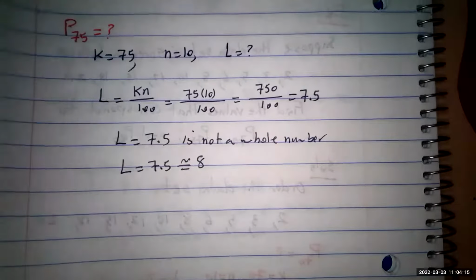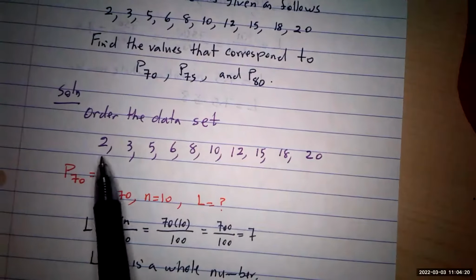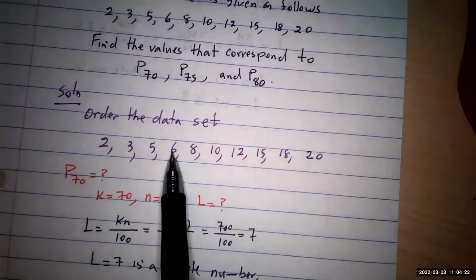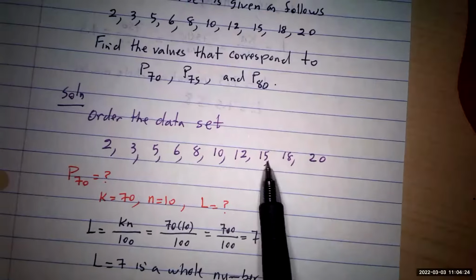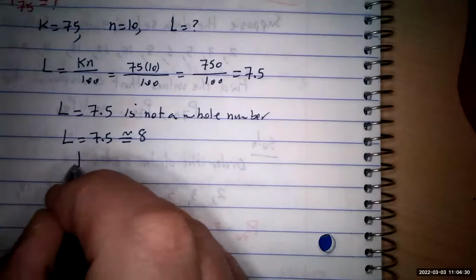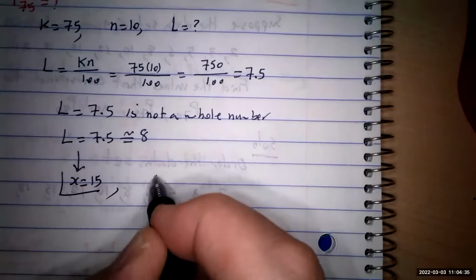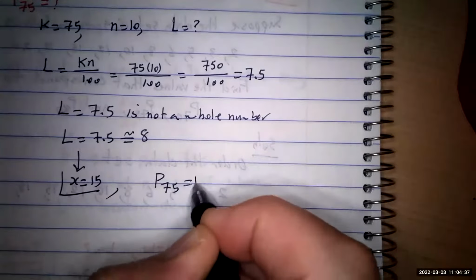This is your list: 1, 2, 3, 4, 5, 6, 7, 8. So the number is 15. This means X is equal to 15, so P75 is equal to 15.